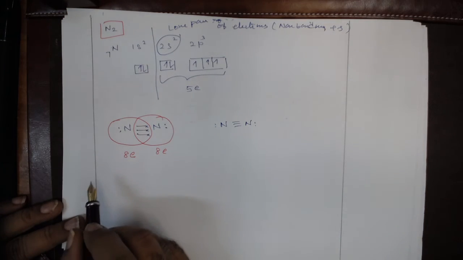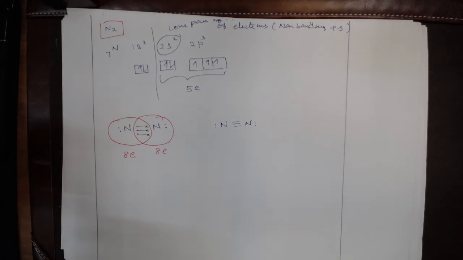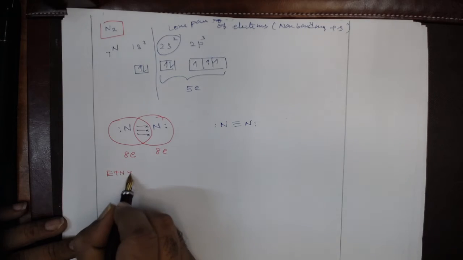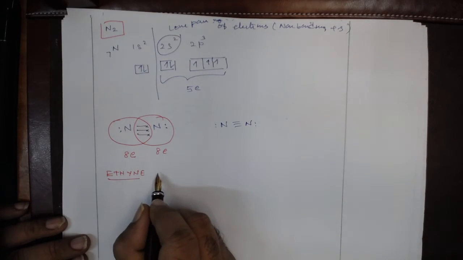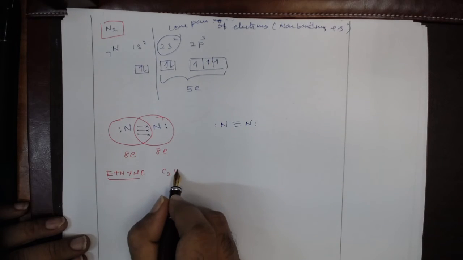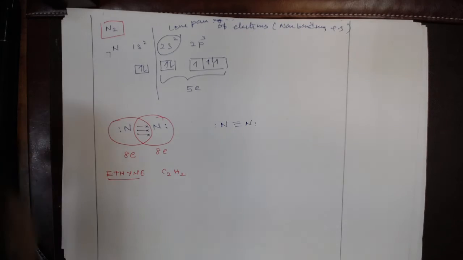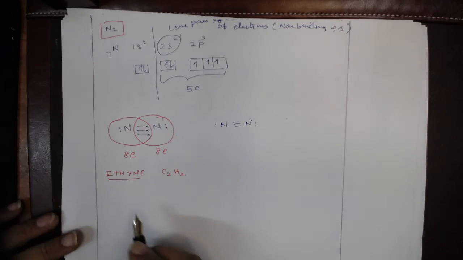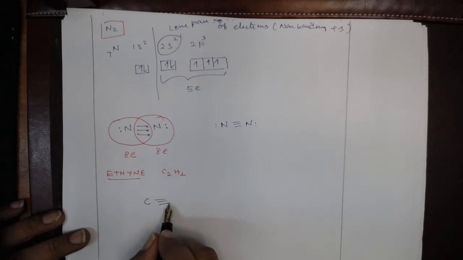Let us check ethyne, which is alkyne. Ethyne means C2H2. So in this case, the carbon will have a triple bond. So C triple bond CH.